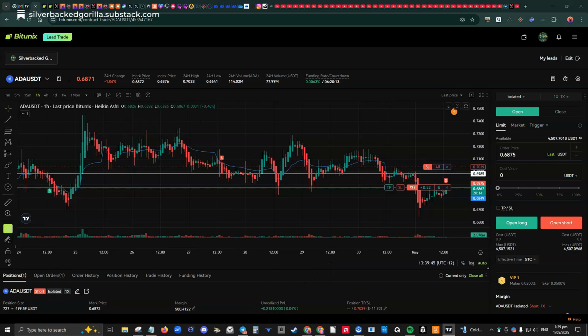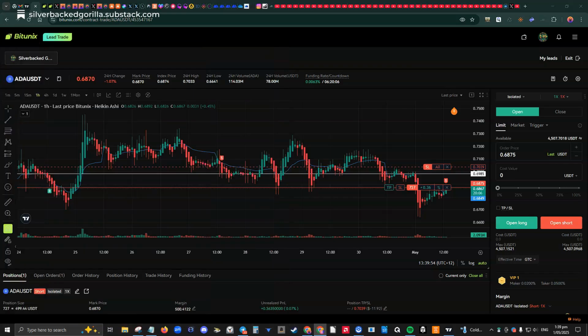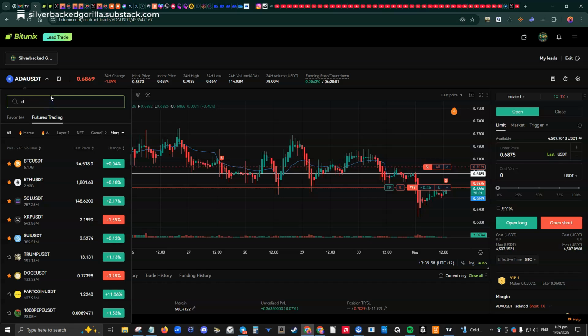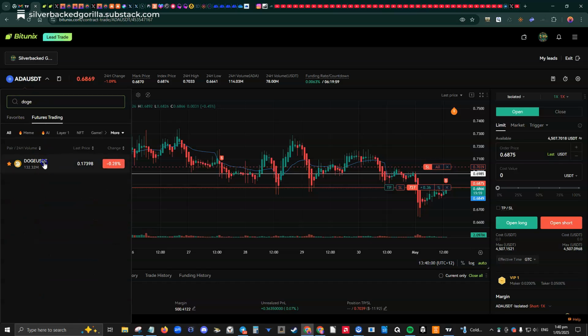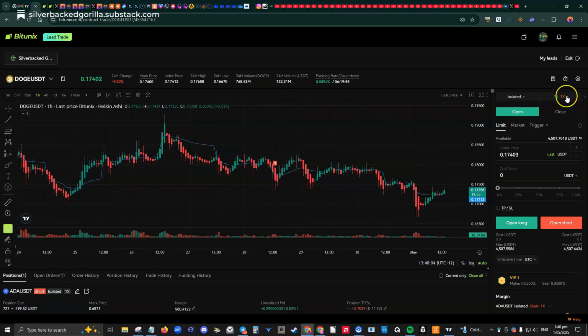Look at that. So next one in my picks that I've identified on the 1 day is Doge. Dogecoin. Let's pull this up. Here we are. We're on 1x leverage and isolated. Nice.